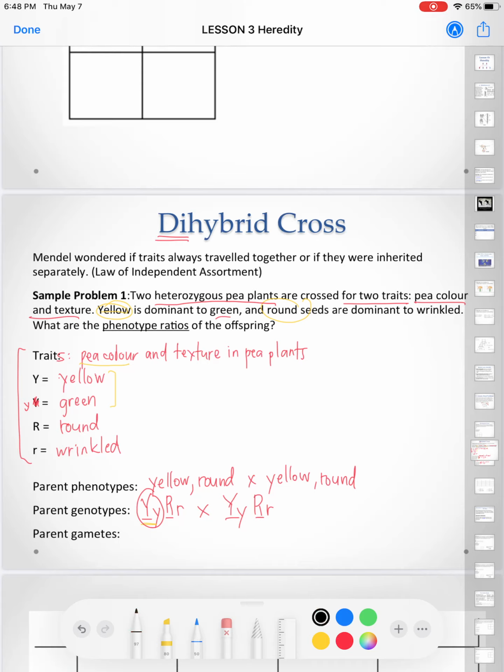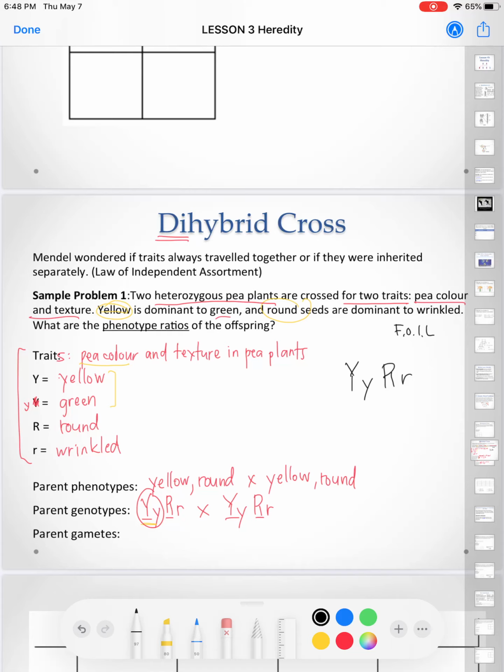So I'm going to do it a little bit off to the side here to show you. If this is the same genotype for both parents, then each individual gamete has to have at least one Y and at least one R. Okay, so I'm going to use FOIL here, just like math.